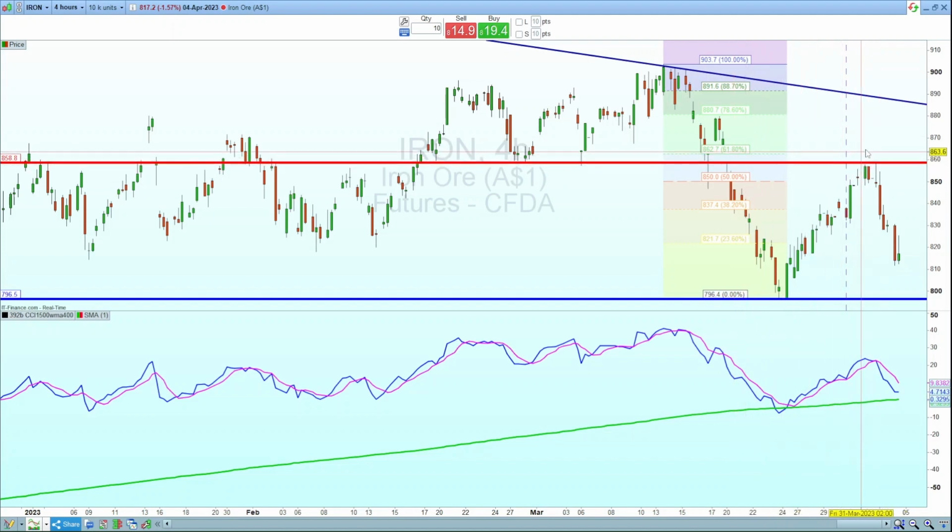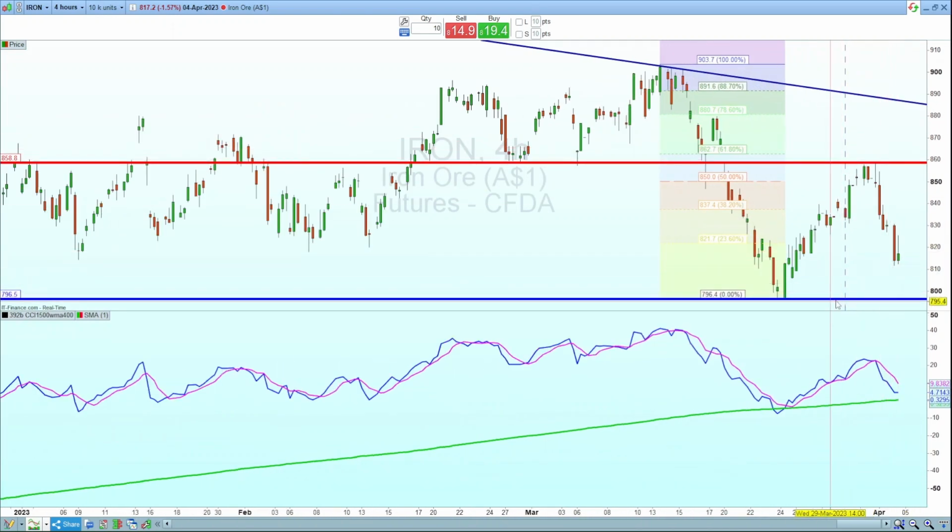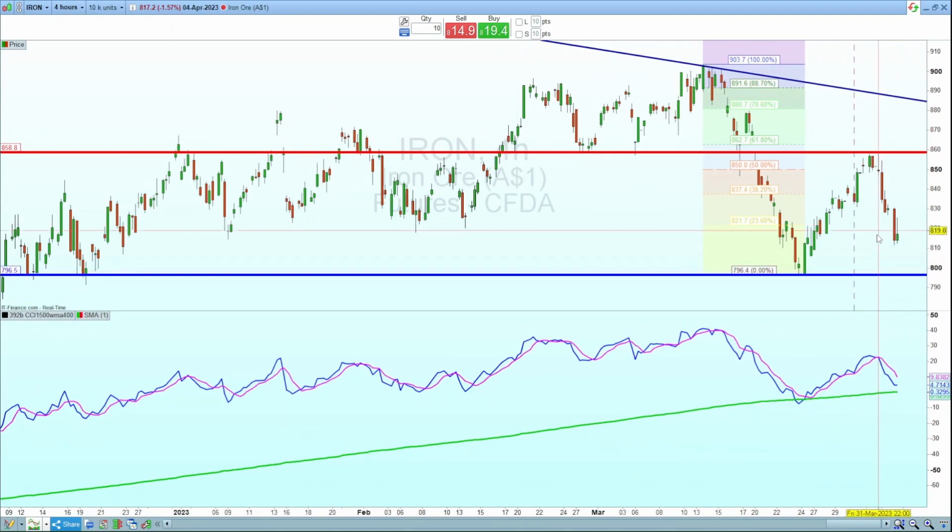So in other words, had it broken above that 61%, then the next level of support would have been at this diagonal trend line. But because it's bounced from below that, that's weakening in terms of share price movement. So our next level of support will be this support area at 796. So again, I'd wait for this to break below on the moving average of the CCI 1500 if you're trading this to take any short positions.